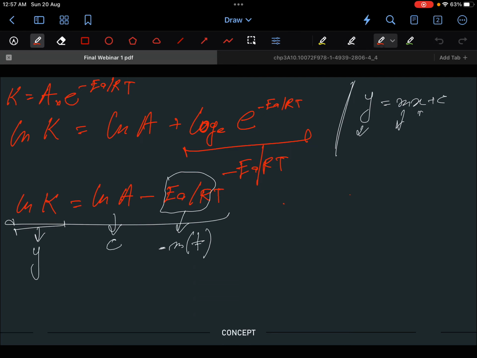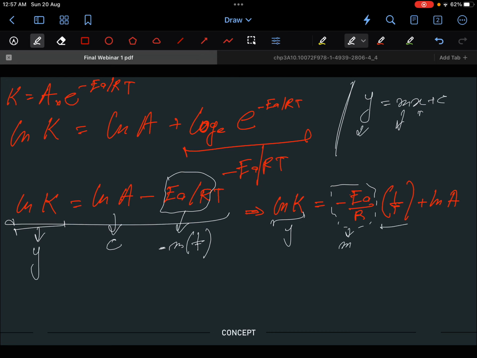Let me rewrite this, rearrange this equation so it is more clear. Ln k equal to minus Ea by R into 1 by T plus ln A. Now it is more obvious: this is y, this part is m, the slope, this is x, and this is c.